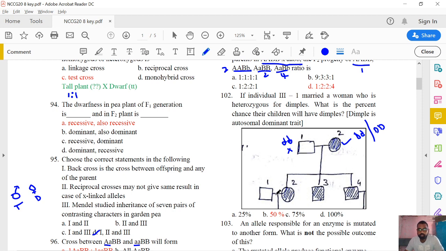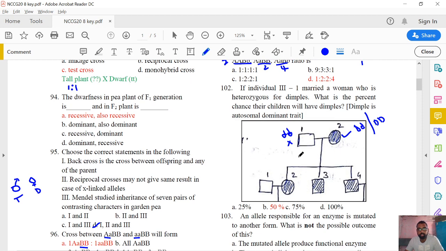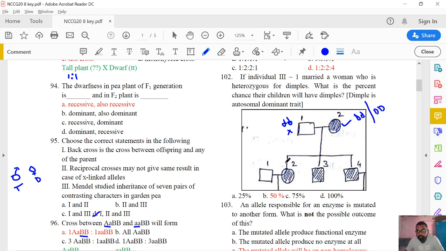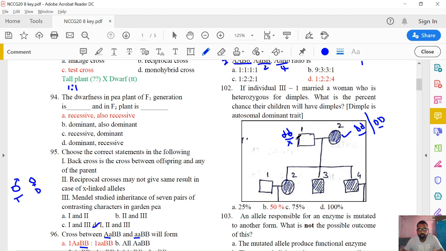So here the question is about 3, 3. In this pedigree, this is the first generation where the first individual is homozygous recessive, whereas the other parent is heterozygous or homozygous dominant, because the character that is given here is autosomal dominant.